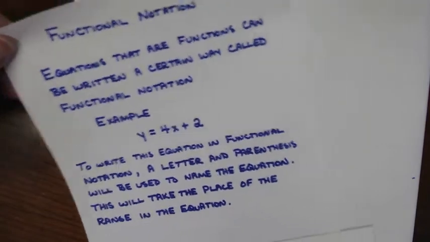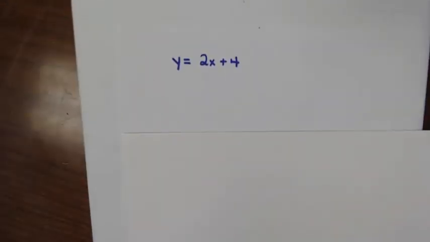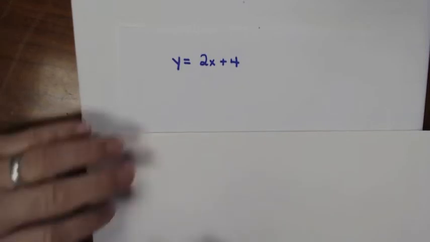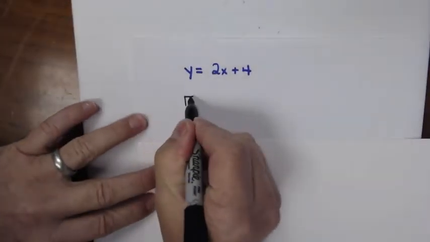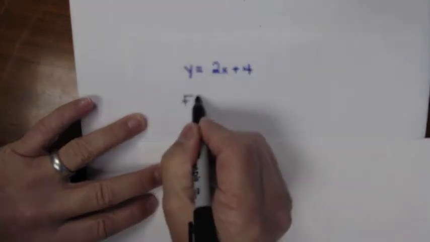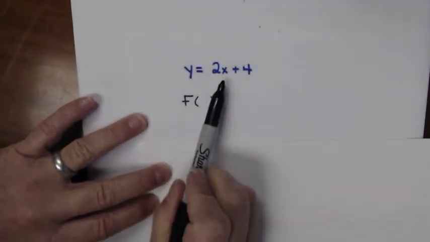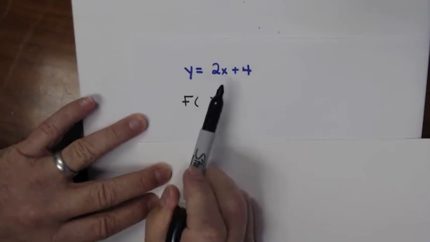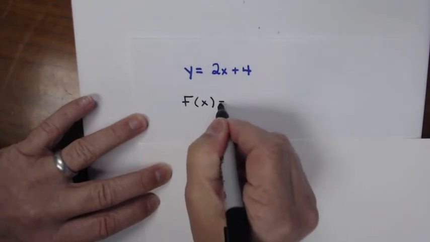So here's an example. We're going to take this equation right here and use a letter to name it, like F. So I'm going to write F. That's going to be the name of this equation. I'm going to use parentheses, and inside these parentheses I'm going to put the domain, or the variable that you're using, x, is equal to.